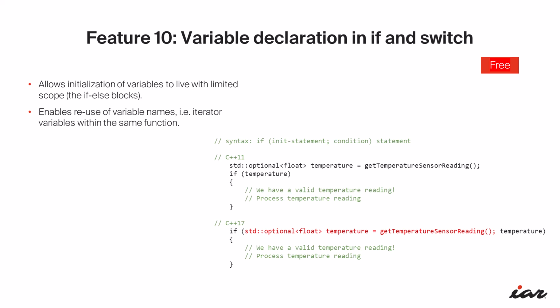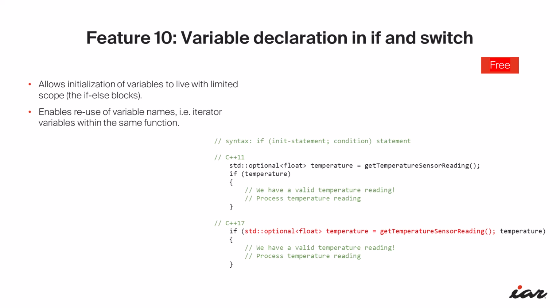In C++ 17, you can declare and define the variable inside the if statement like this, and then you have a semicolon, and then you have the condition here, which is temperature in this case.